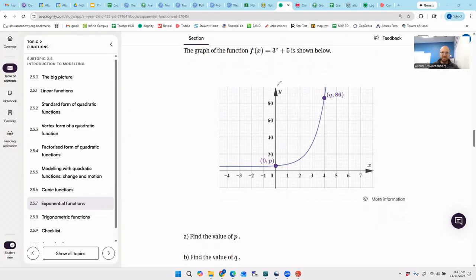You could plug in 0 for x. It's 1 plus 5. Because it's 1 times 3 to the x plus 5, 1 plus 5. 6. Or you could plug in 0, 3 to the 0 is 1, 1 plus 5. This isn't a power function, this is an exponential.